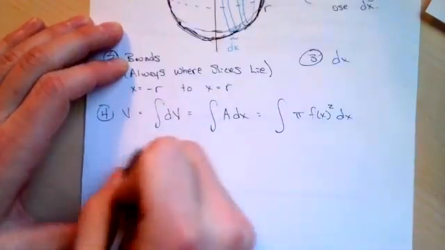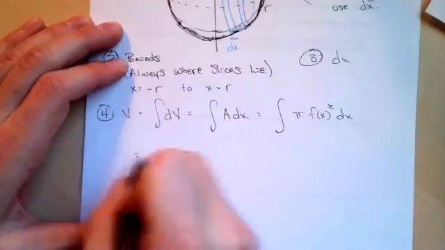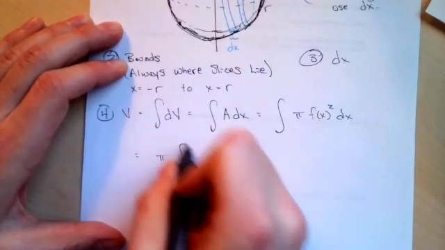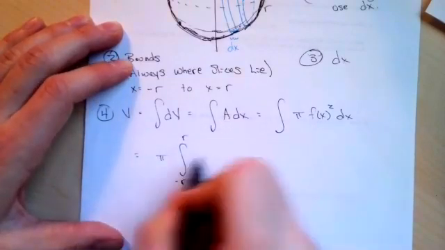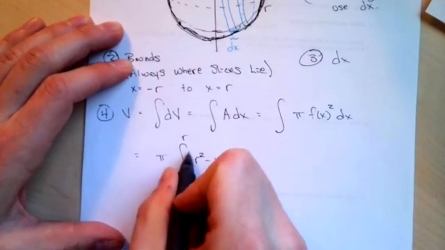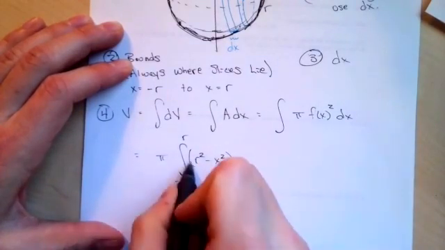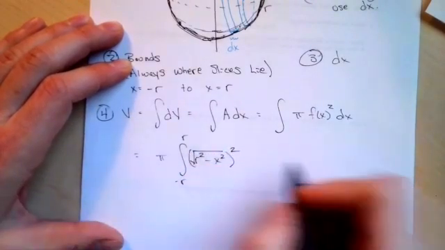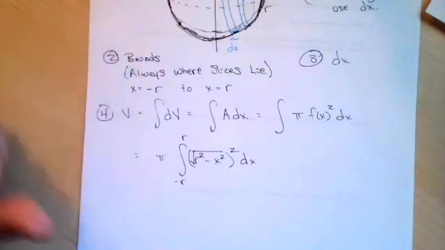And so plugging this in, we'll pull out the pi. I'm going to go ahead and put in the bounds, minus r to r. And our f of x squared is going to be r squared minus x squared, square root of that, squared, dx.